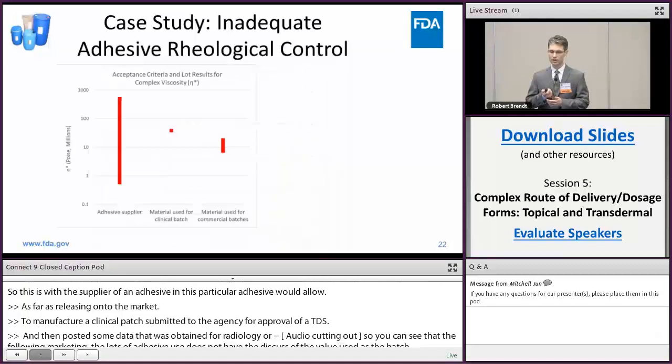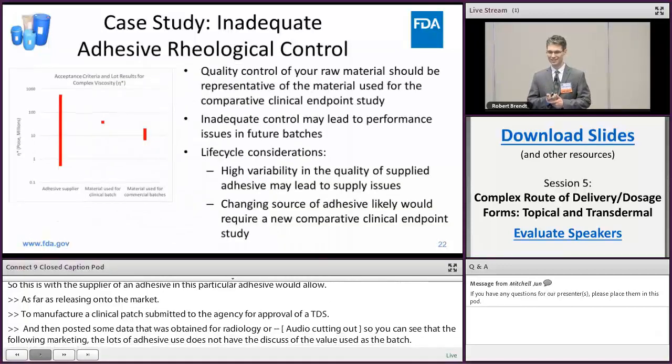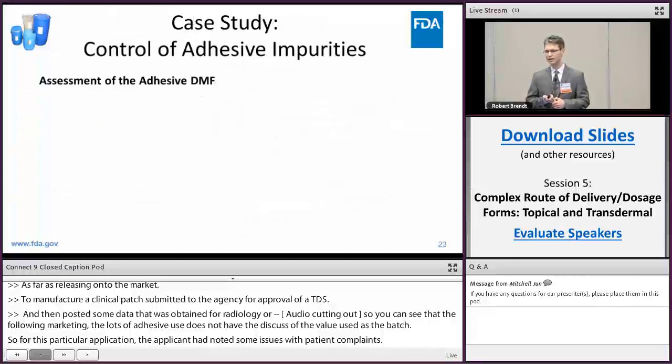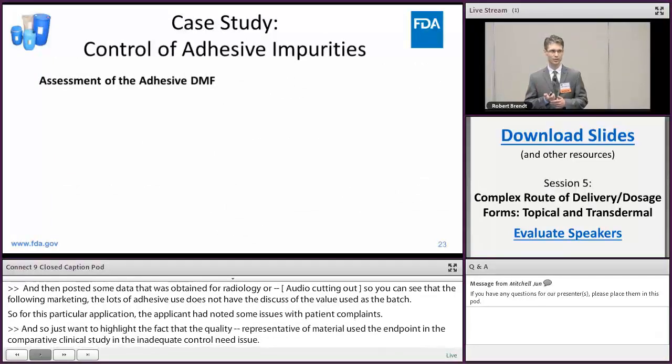So I just want to highlight the fact that the quality control of your raw materials really should be representative of the material used in the comparative clinical endpoint study, and that inadequate control may lead to issues in future batches.